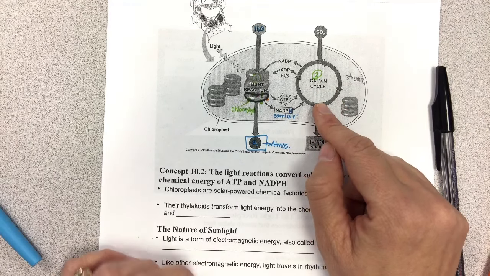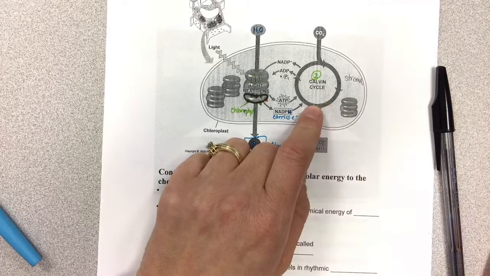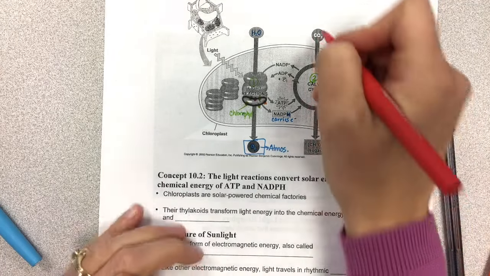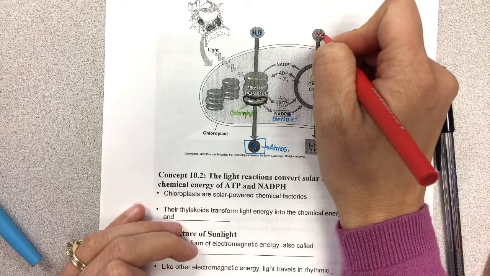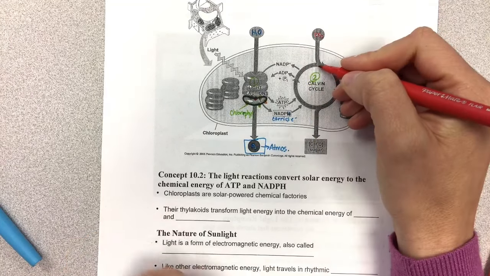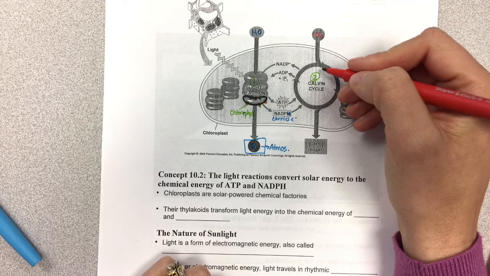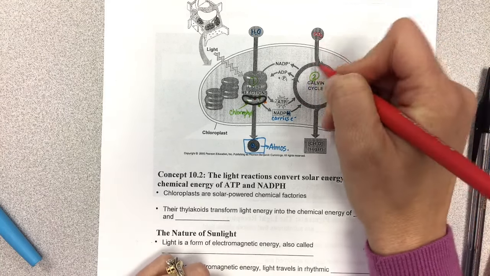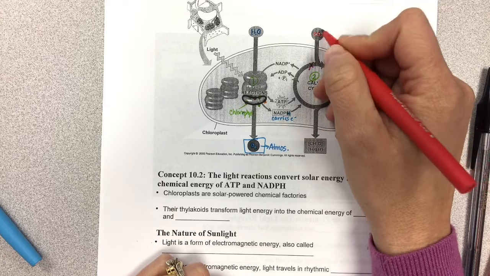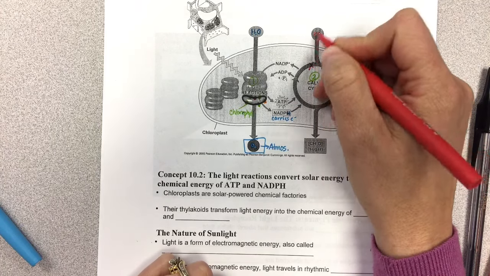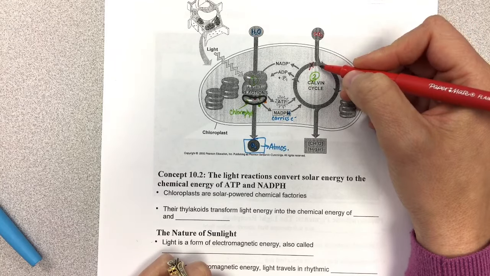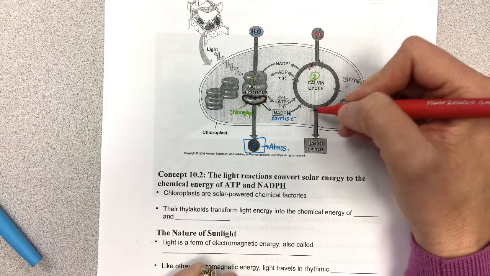So if we look here, what the Kelvin cycle uses, and I'll pick another color here, the Kelvin cycle is where CO2 is used. The Kelvin cycle is just like the Krebs cycle, a cycle of chemical reactions. So you start out with, if this is molecule X, you recycle it and it becomes molecule X at the end. This is all happening in the stroma. So the CO2 comes in and goes through a series of reactions.